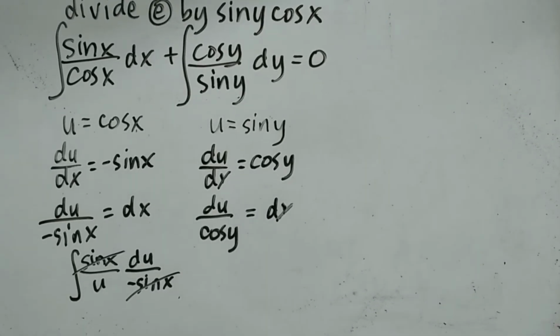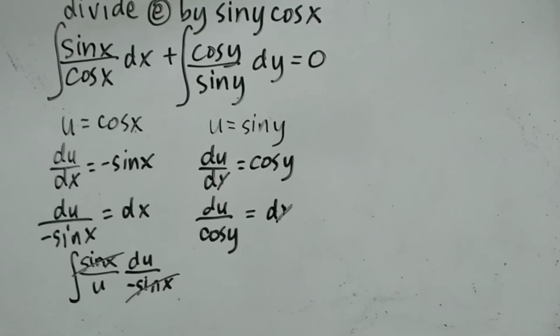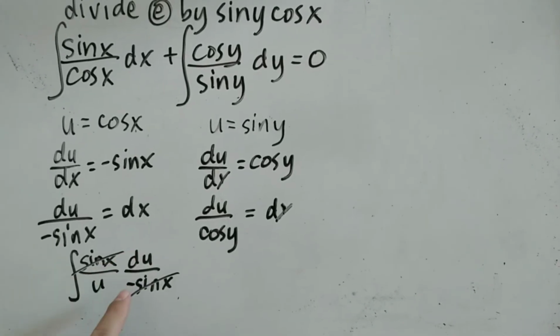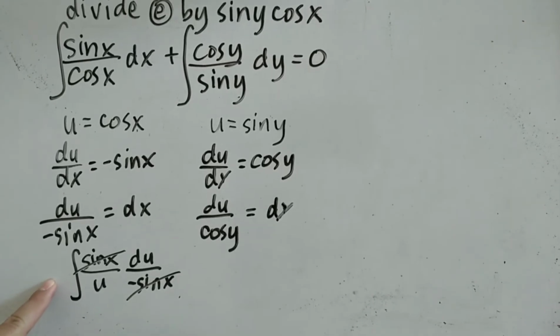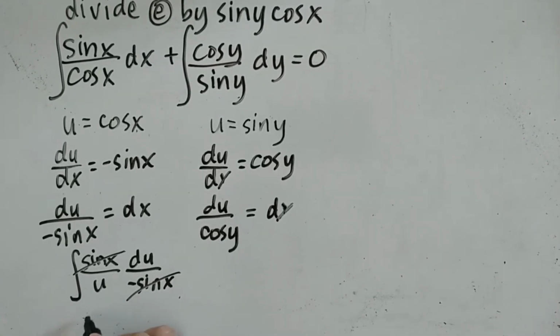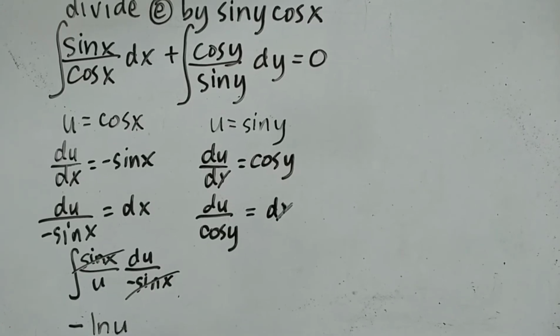So we have 1 over u du, and the negative can just be placed out of the integral. The integral of 1 over u du is ln of u, and with the negative sign here, it becomes negative ln of u.